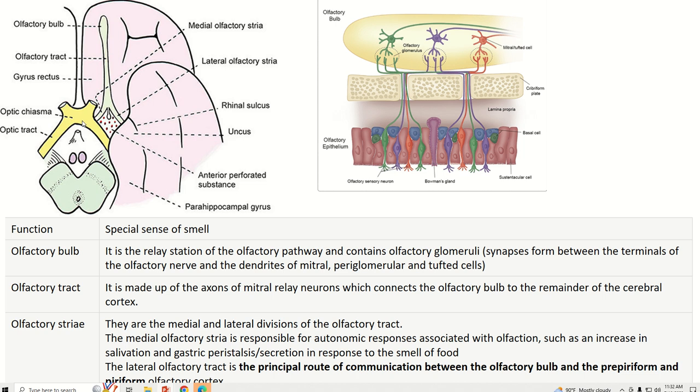The medial olfactory stria is responsible for the autonomic responses associated with olfaction, such as increased salivation, gastric peristalsis, and secretion in response to the smell of food. The lateral olfactory tract is the principal route of communication between the olfactory bulb and the pyriform olfactory cortex.